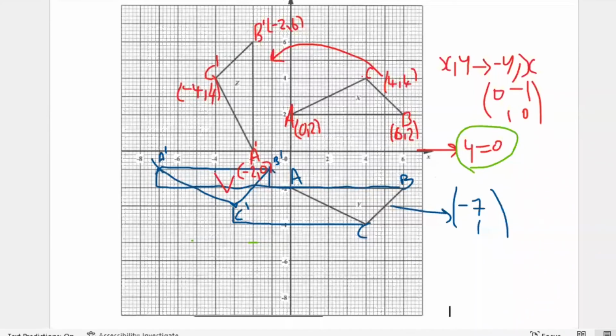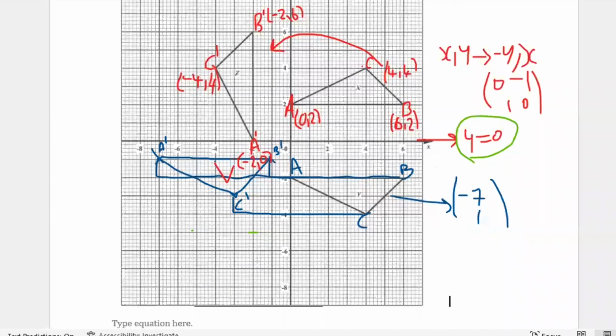Sir, with -7, you're going to the left on your graph, and the 1 would be going down? No, 1 will be going up. Remember, the 1 is positive, so you're going up. It would go down if it was negative.